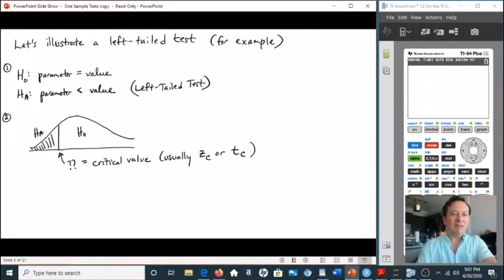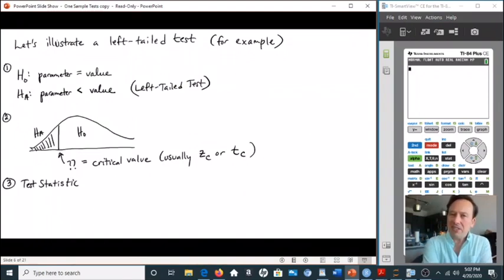So with a left-tailed test, we shade in the left tail, we label it HA, and the center is HO. And this particular number, whatever that is on this axis, we don't know what it is here, but whatever it is in any problem, that's what your critical value is. And we usually call it Z sub C or T sub C, any letter, whatever it is, sub C, to correspond to our critical value.